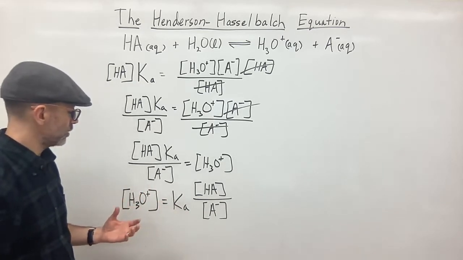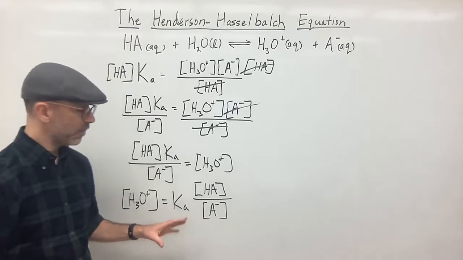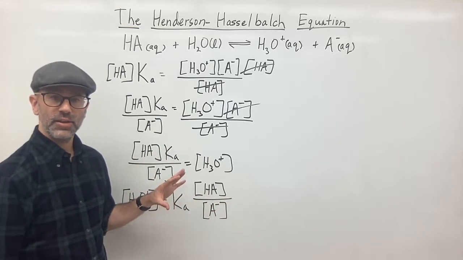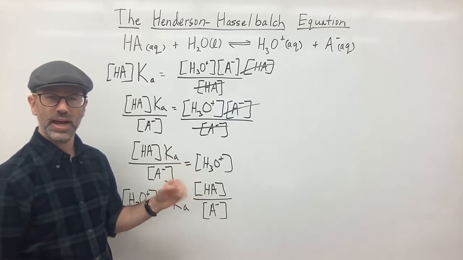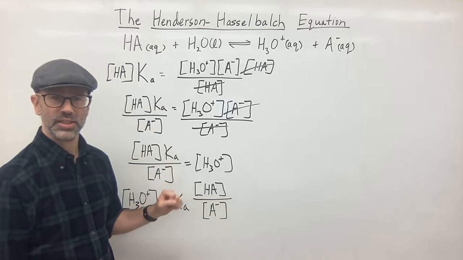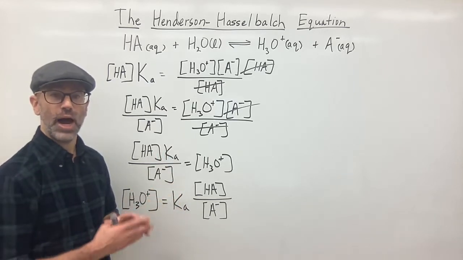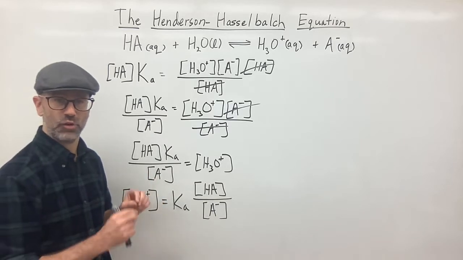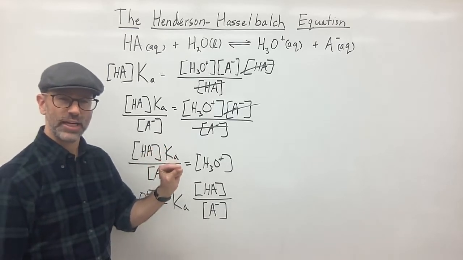So let's remind ourselves a little bit that for a weak acid, because the weak acid has such a low ionization constant, it's not going to ionize as much as, say, a strong acid. So it's going to ionize a little tiny bit.